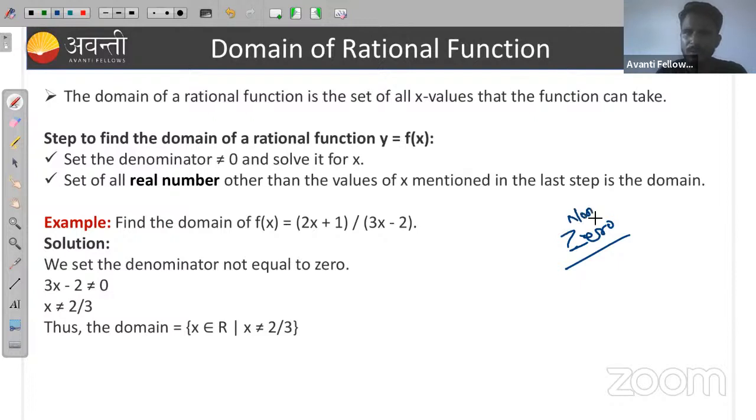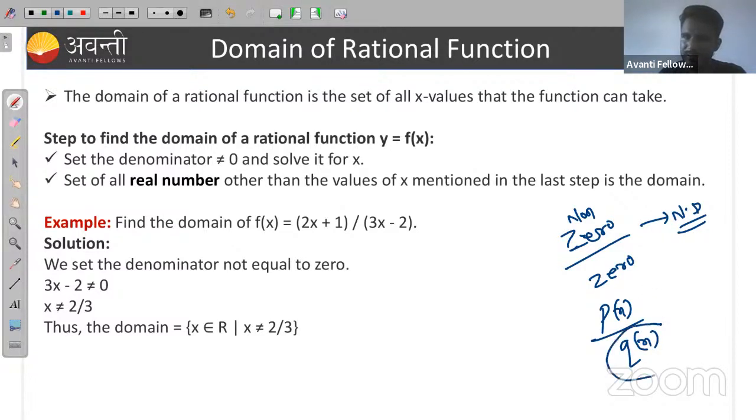That means if a rational function is p of x upon q of x, where these are polynomials, and q of x is 0 for any value of x, then the entire function f of x would be not defined.